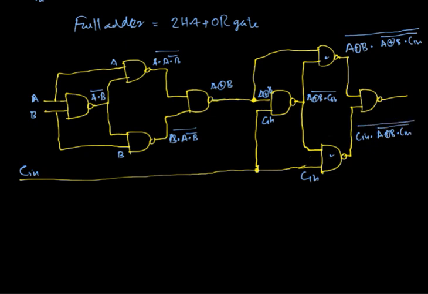Now if you consider A XOR B as some D, then this expression is D and C in complement, all complement. Instead of A we can have D, and instead of B we can have C in here.